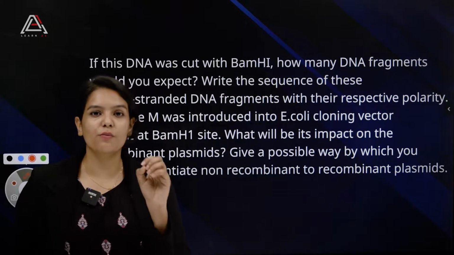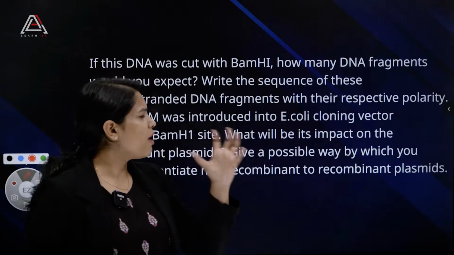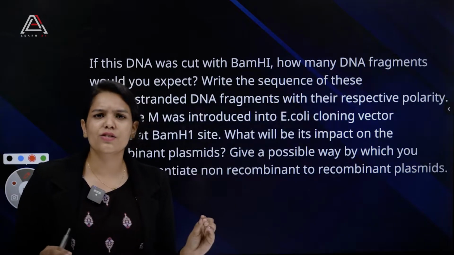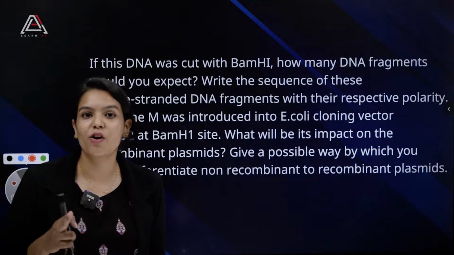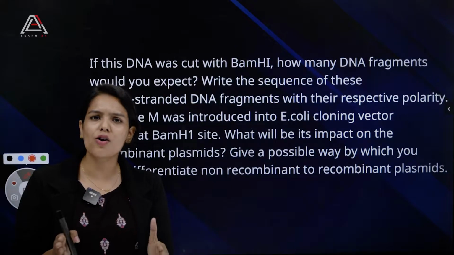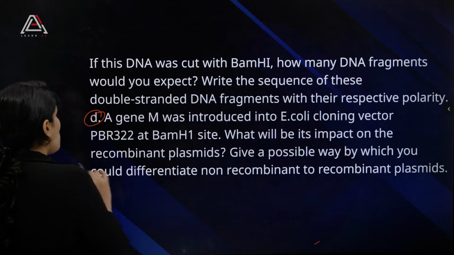I know most students usually get intimidated by this 5 marks question, but it's the easiest one, I would say, because you know the concept. You have studied each and every concept, so you just have to put your concept into this particular question. Okay, moving on to the 4th part.